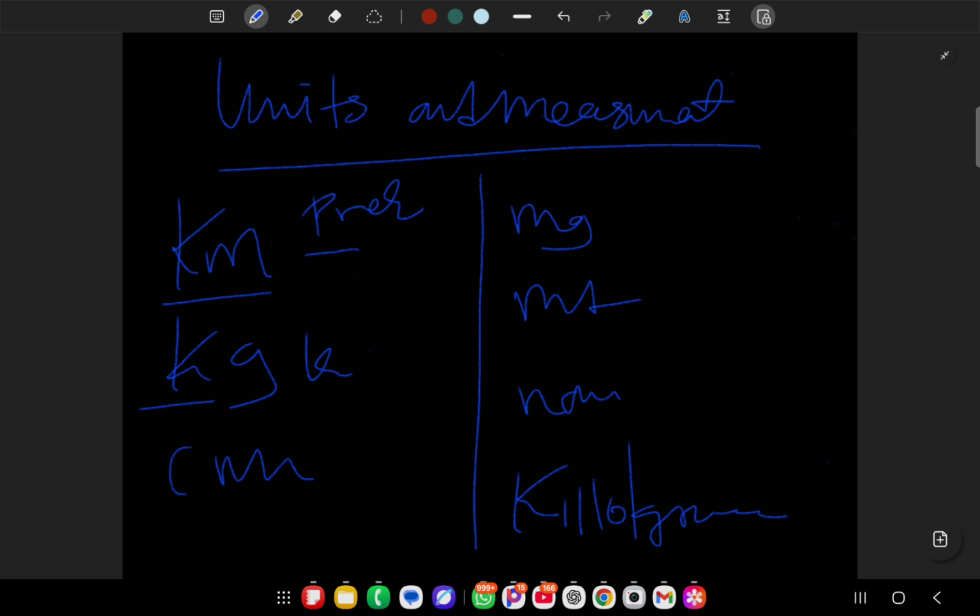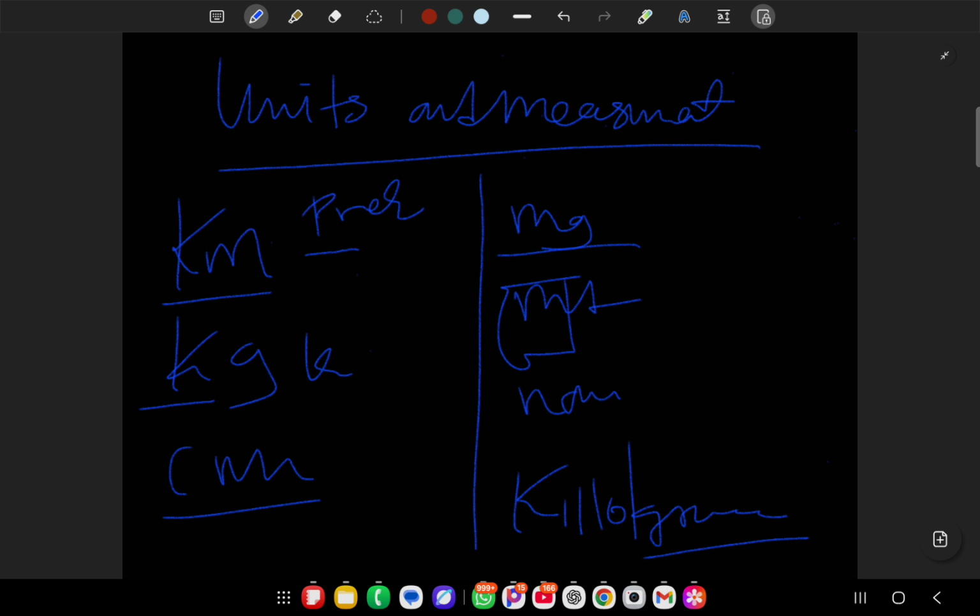That's one thing you have to understand. In kilogram, kilo is a prefix and gram is a suffix. In centimeter, cent is a prefix and meter is a suffix. In milligram, milli is a prefix and gram is a suffix. In milliliter, milli is a prefix and liter is a suffix.